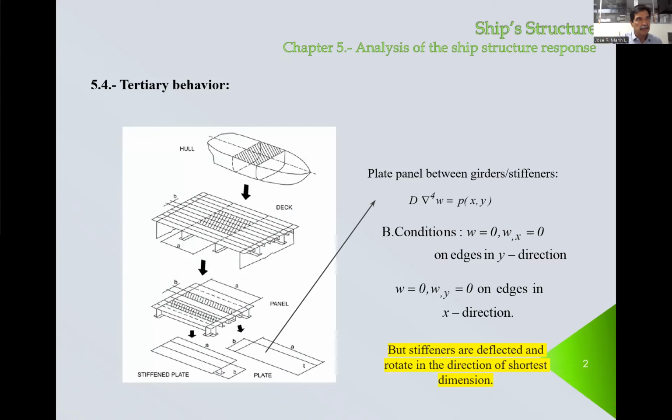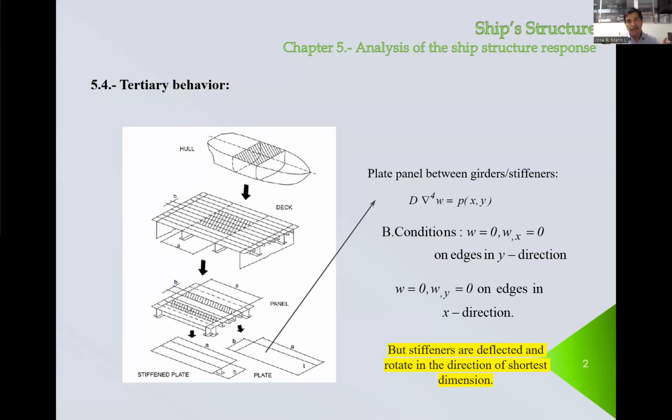In here, this is a summary of what we have done in the last 2 chapters, right? This is a secondary, a reinforced plate panel, right? And here, I have one of these longitudinals. This is the simplest thing we can do.